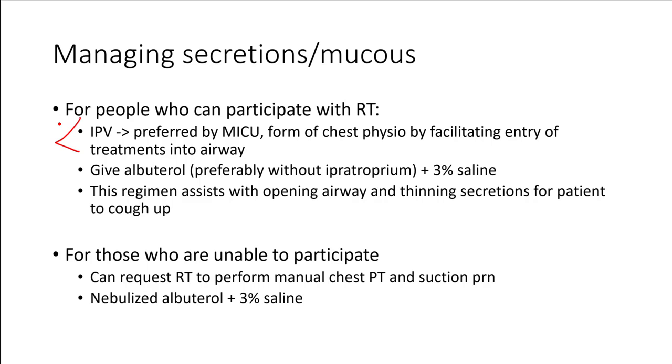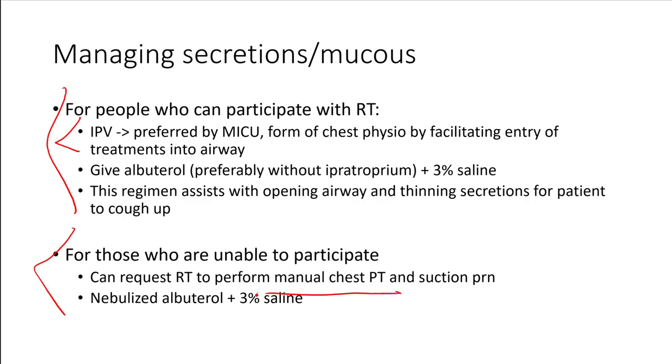So this is a way to clear out mucus, and it's my preferred go-to, and most of us prefer to do this if the patient can do it. So someone who's able to follow commands and work with the RT, IPV is a good option. For someone who's not really able to follow commands, someone with advanced dementia, for example, then you might need to do manual chest PT.